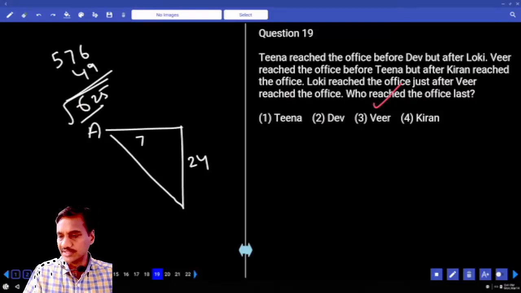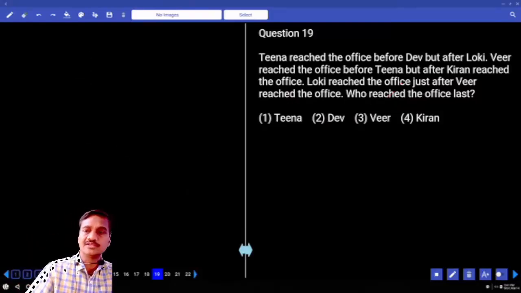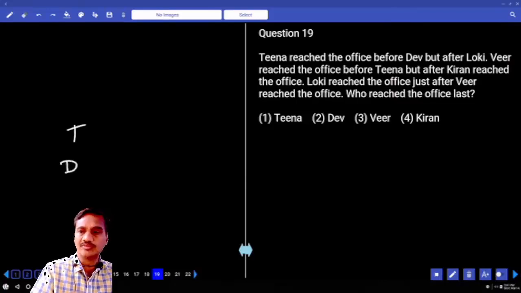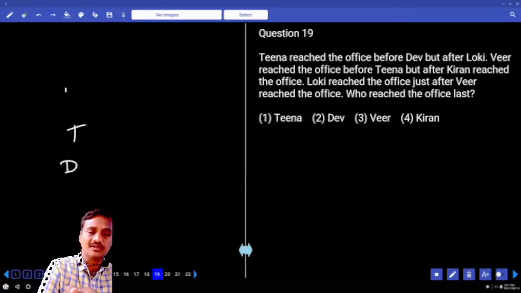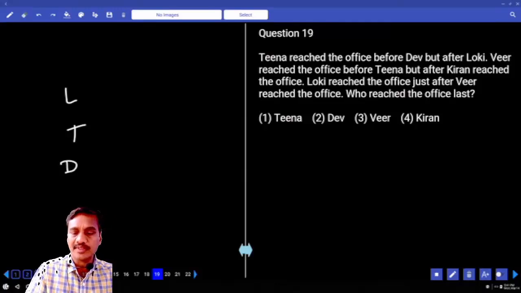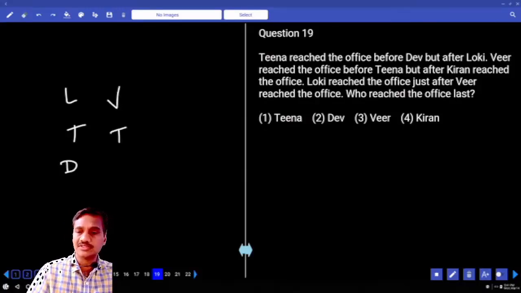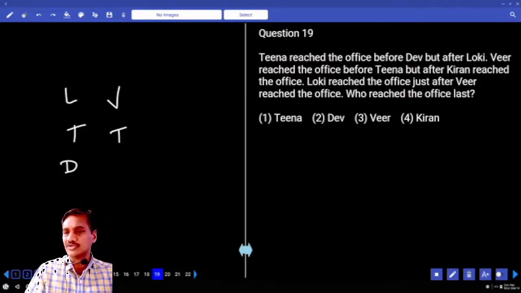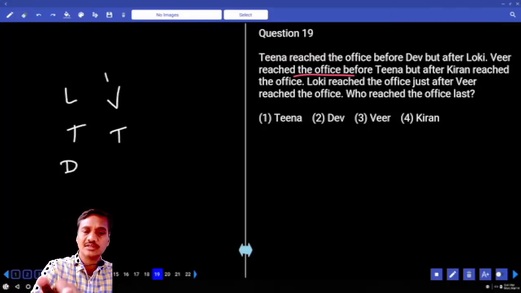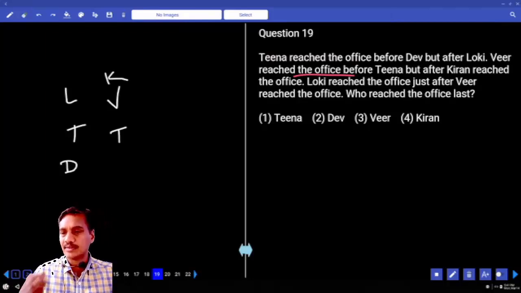Then coming to this 19, Tina reached the office before Dev. Now this Tina reached before whom? Before Dev, but Tina reached after Loki. Veer reached the office before Tina. Now this Veer reached before Tina, isn't it? Veer reached the office before Tina, but after Kiran. But after Kiran reached the office.